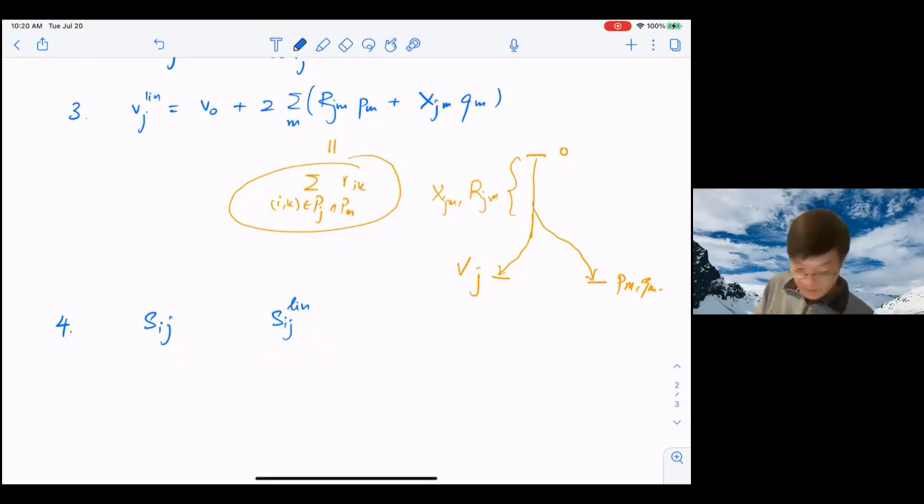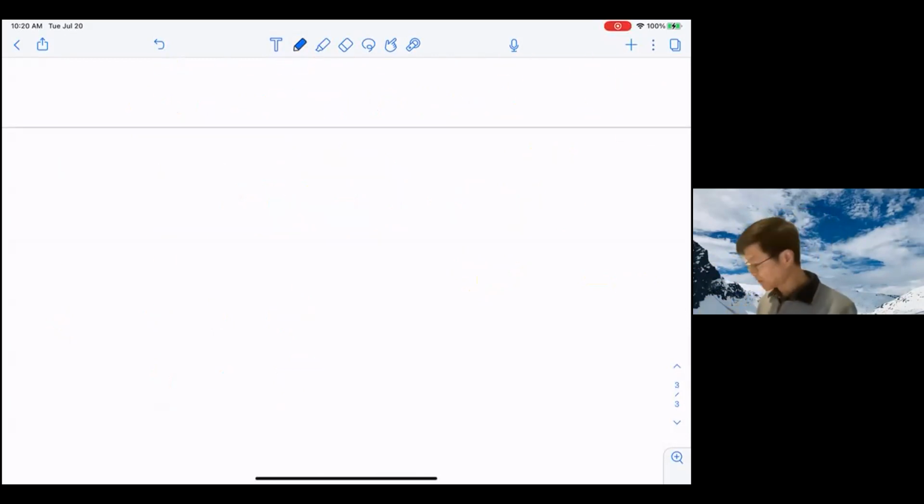Then there's a very clear relationship, which is that the linearized power flow underestimates the nonlinear power flow solution. And the voltage of the nonlinear model is upper bounded by the voltage in the linear model. So the voltage squared magnitude in the linear model overestimates the voltage in the nonlinear model. Okay, so these are the important properties of the linearized model.